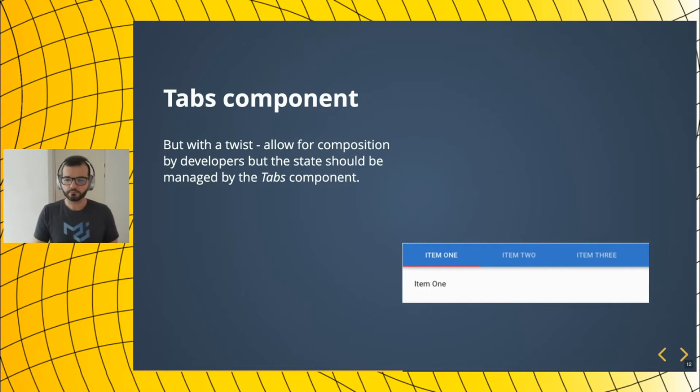For instance, we would like to provide them with the ability to put the top bar of the tab component somewhere else on the page, maybe on the left, on the right, as a sticky somewhere, stuff like that, allowing them to put things in between.